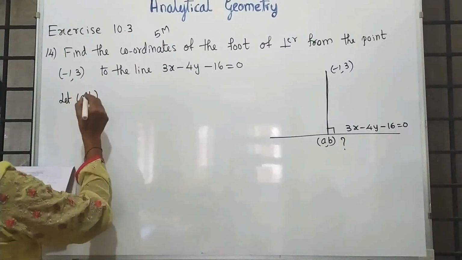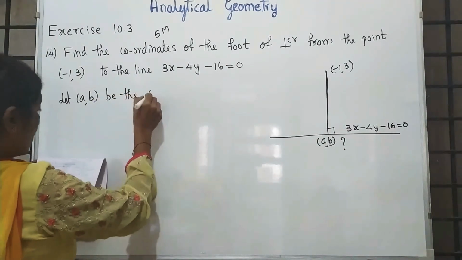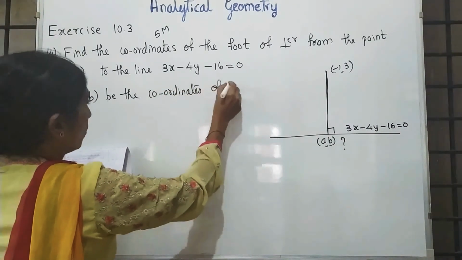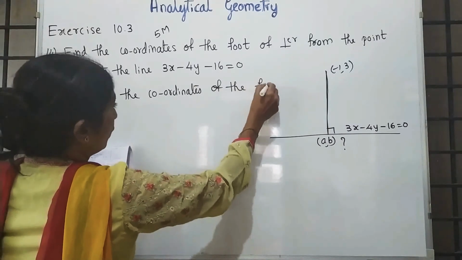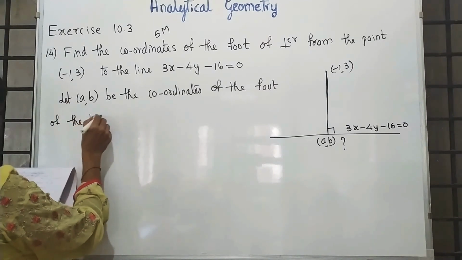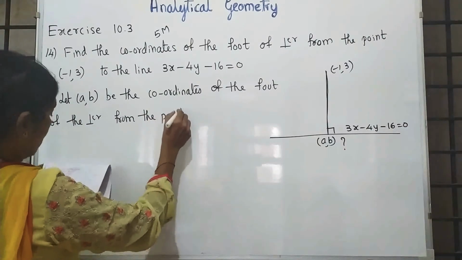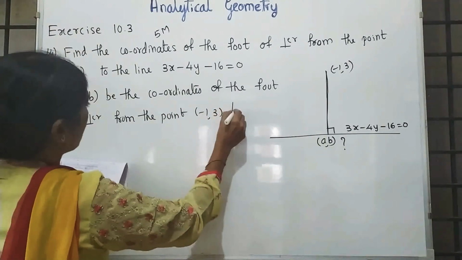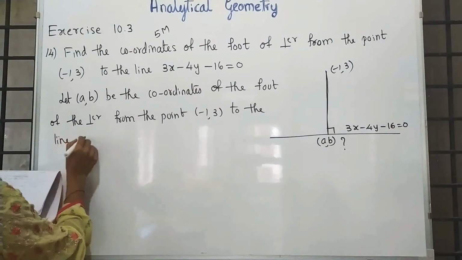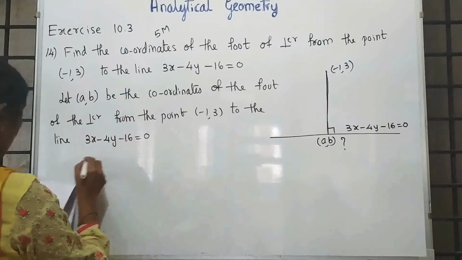Let (a, b) be the coordinates of the foot of the perpendicular from the point (minus 1, 3) to the line 3x minus 4y minus 16 is equal to 0.